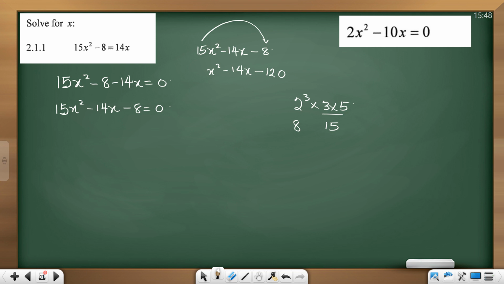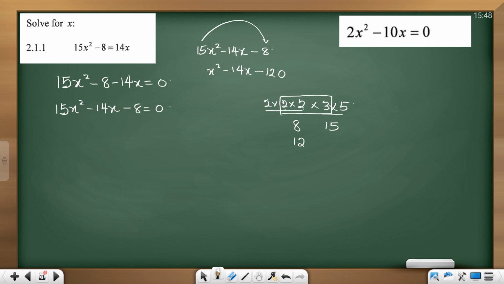Let me show you what this means. This is 2 times 2 times 2. I did the first one. It's not working. Let's try something else. You've got to play around. 2 times 2 is 4 times 3, 12.